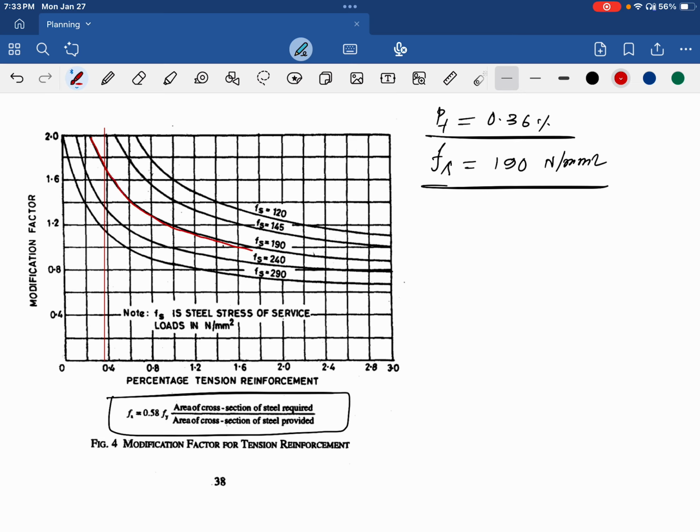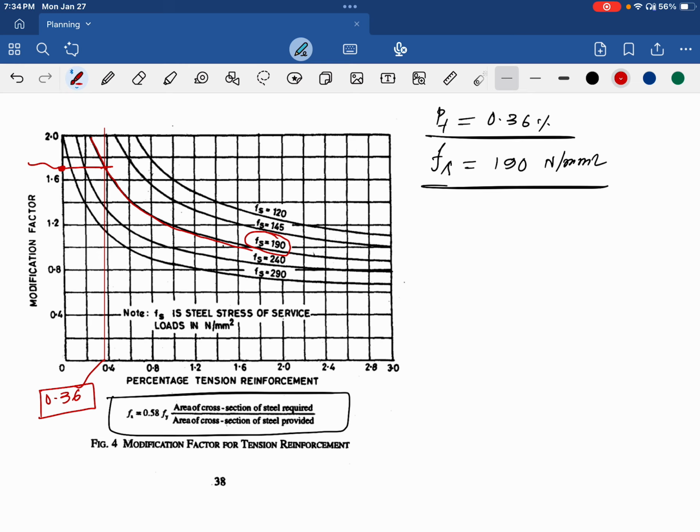This is our Fs value. This is our 0.36 percentage of tensile reinforcement. This is coinciding here. So from here, look to your left, come to the vertical axis, and you will get one value. This is your modification factor.